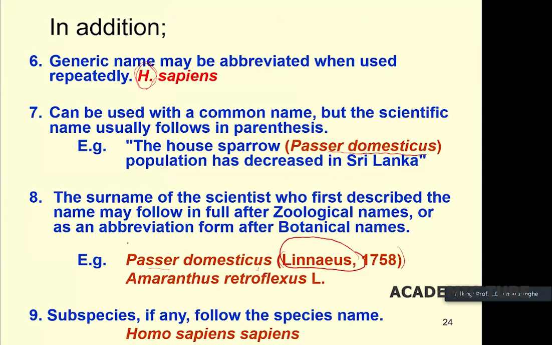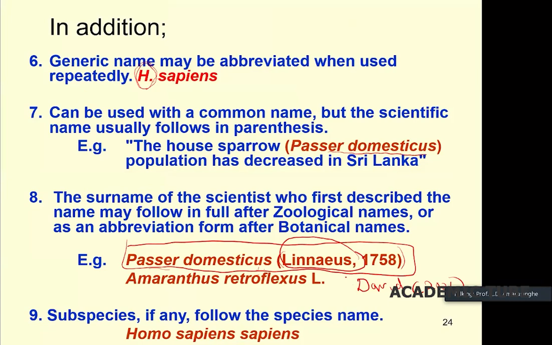Later, a second person may describe the same individual with a different name without knowing that it was previously identified. In that case, we write the year of identification within brackets with the author's name. If it is David, within brackets the year 2021. The same individual identified by David in 2021 and given a different name.